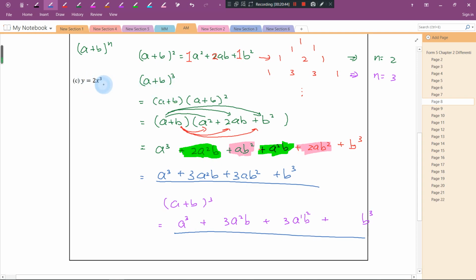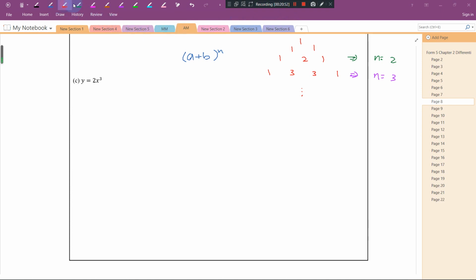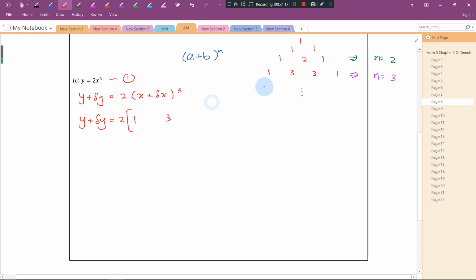Okay, let me show you how to use it to do some expansion here. Let this one be the first equation, and then y plus delta y is equal to 2x plus delta x power 3. I'm going to use the method that I showed you just now to help me do the expansion for this part. Y plus delta y equals 1, 3, 3, 1.